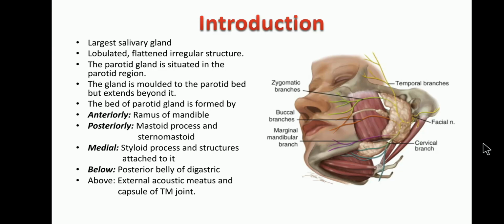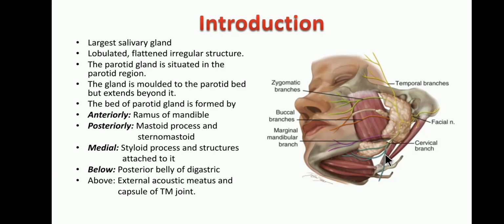The gland actually rests there. Now, when we have discussed these boundaries, the gland does not limit itself to these boundaries, but it extends. For example, a part of the gland you are able to see extending on top of the masseter muscle. In the same way it will overlap to some extent on the posterior belly of digastric.